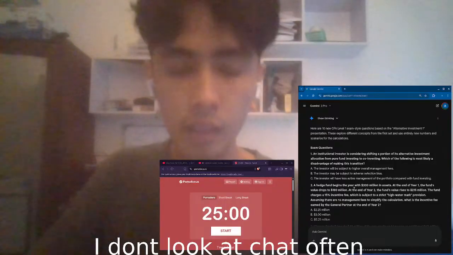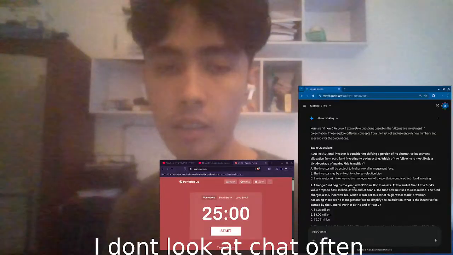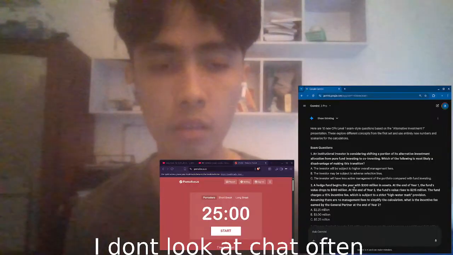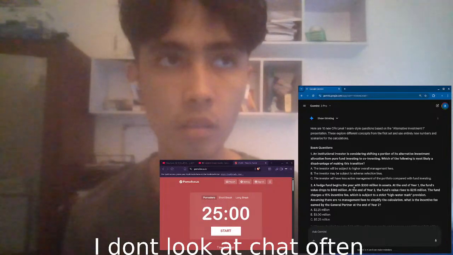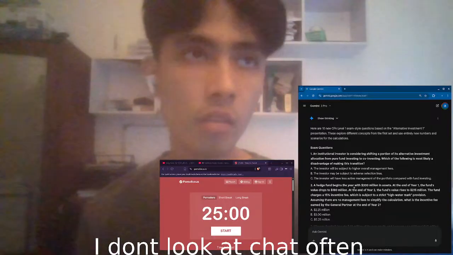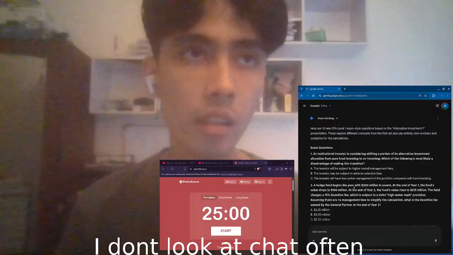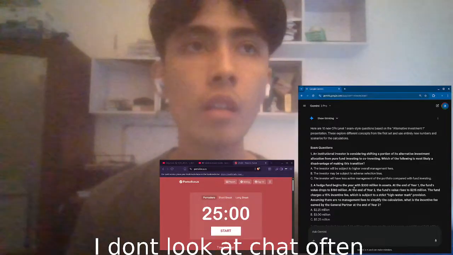Okay. High watermarks reflect the highest value the fund has ever achieved, for performance fees gathered to date. The high watermark protects clients from paying twice for the same performance. Okay. Guessing, the profit is 15 million, 15 million times 15%.